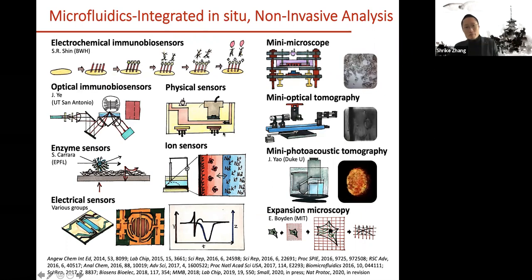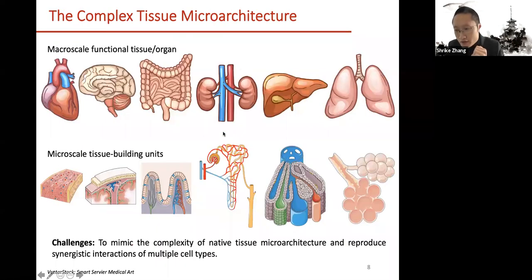All right, so then coming to the focus of today's talk, bioprinting. So again, as we know, the human tissues and organs are complex, right? So these are some exemplary human organs: heart, brain, gastrointestinal system, and all the other organs. And below are their corresponding microscale tissue building units.